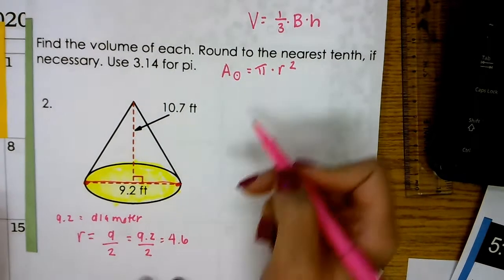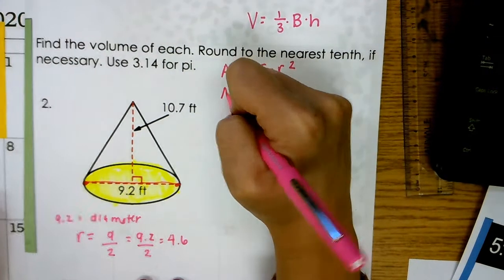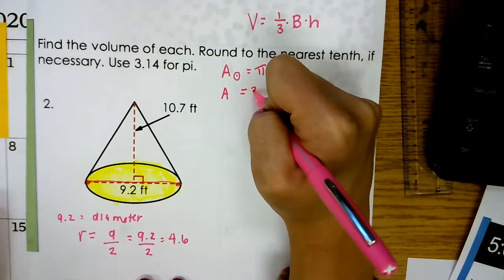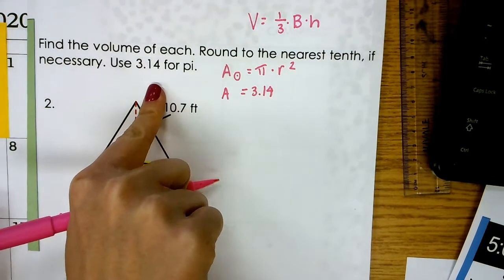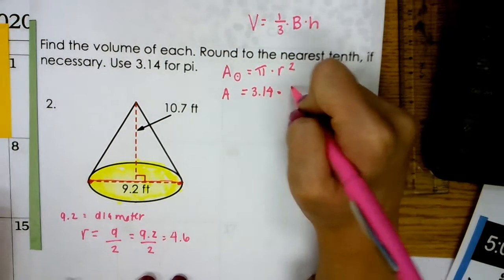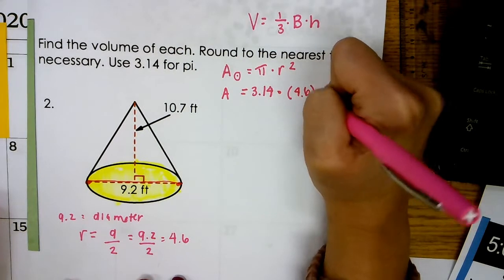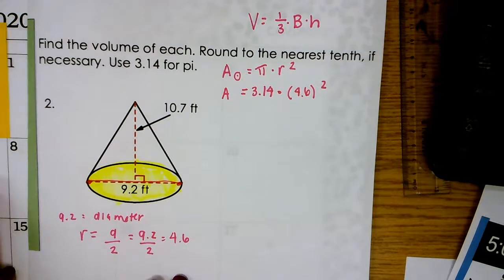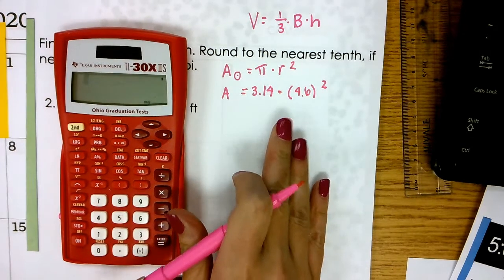So we're going to take that and substitute it in our formula here for the area of a circle. So the area is going to be equal to 3.14, because the problem tells us to use 3.14 for pi, times our radius, which we found down here is 4.6 squared. So now we're going to type this equation into the calculator.